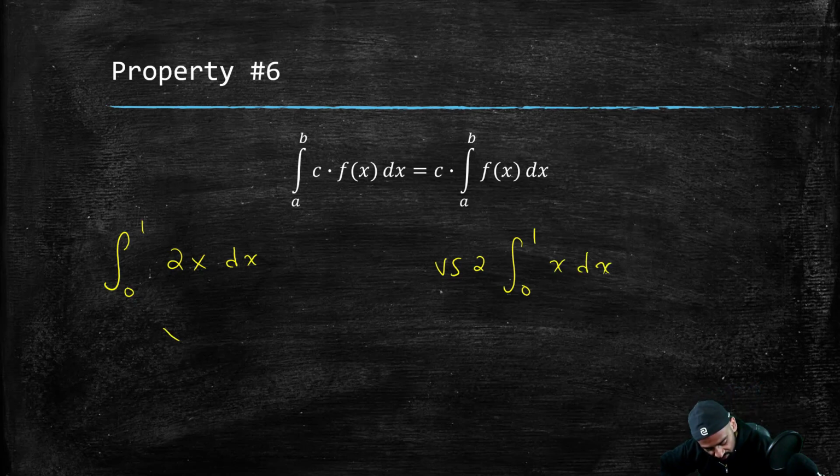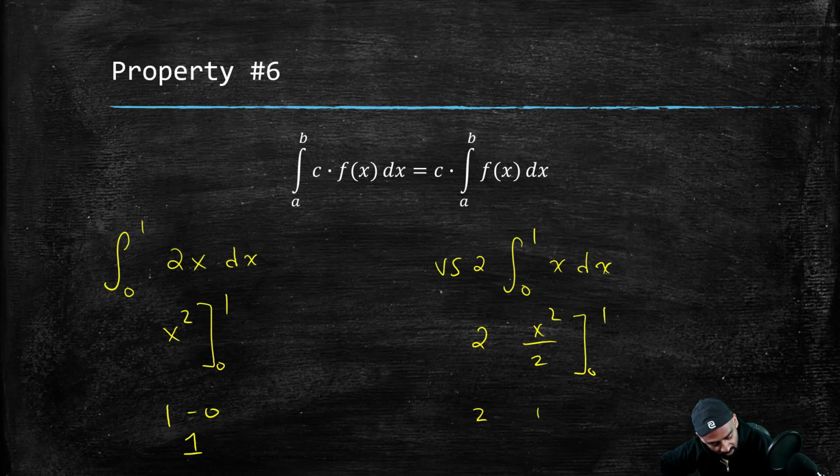In fact, if you integrate this, this will be x squared from 0 to 1, which gives you 1 minus 0, which is just 1. That's easy, right? And I don't need to multiply by 2 because the 2's already been taken into account. Well, if I integrate this one, I end up getting x squared divided by 2 from 0 to 1. And then that means that'll be 1/2 minus 0. But isn't that still effectively 1?